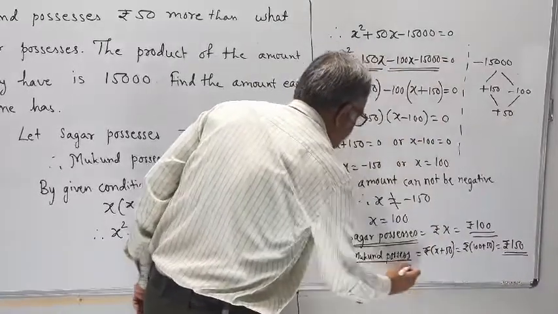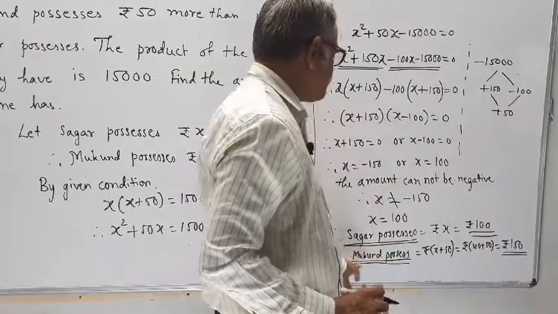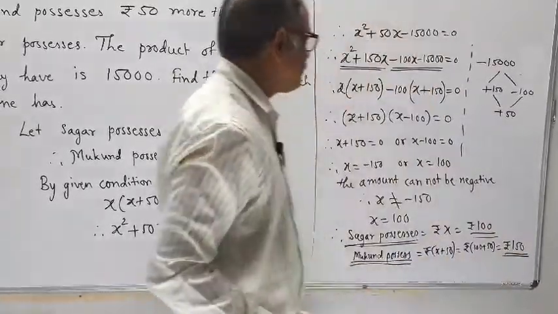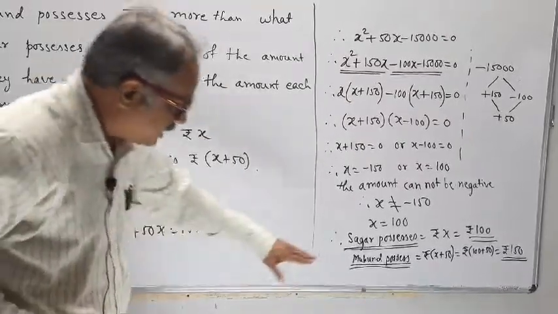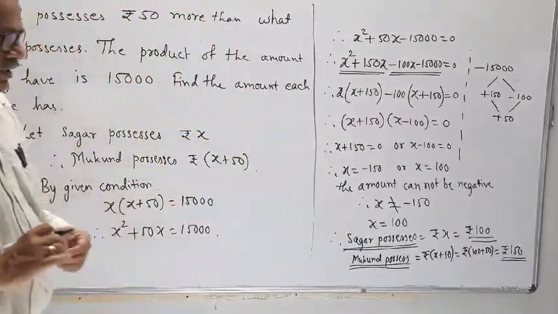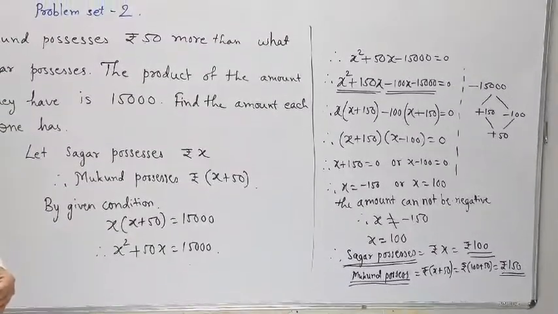If you want, you may write again that Sagar possesses rupees 100 and Mukund possesses rupees 150. Whatever is underlined, you can rewrite again below this one more time as a final answer. Neatly complete the work.